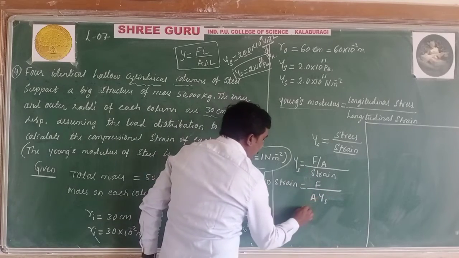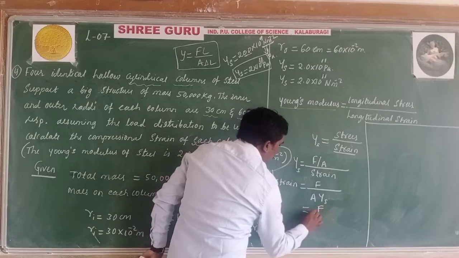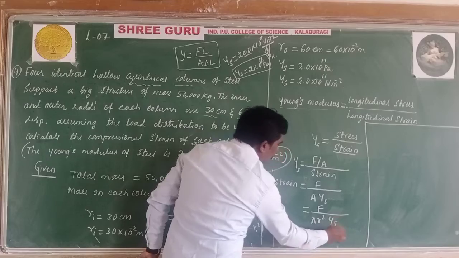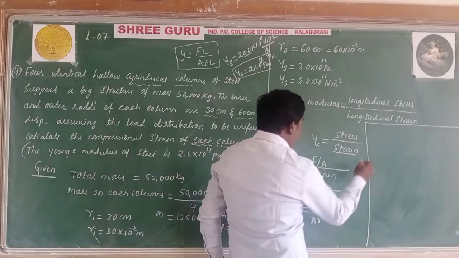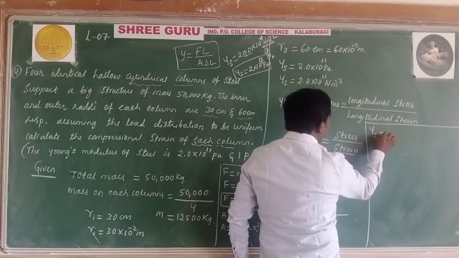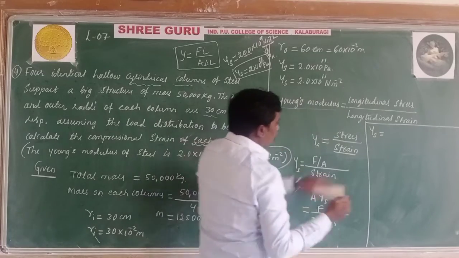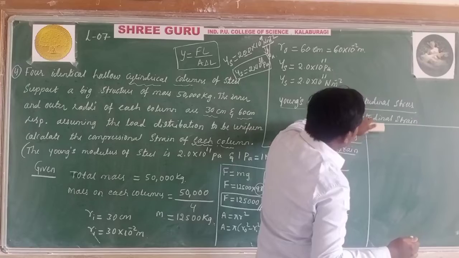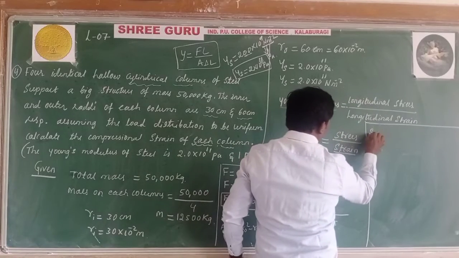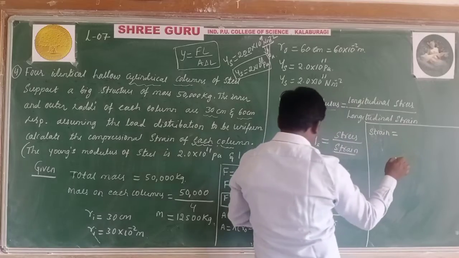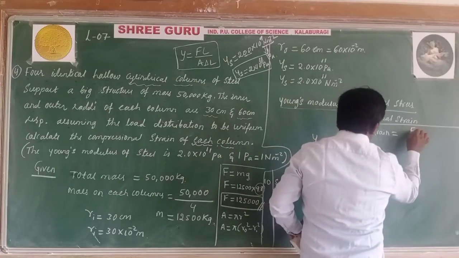Now area we can write like this: force by pi r square into Young's modulus. This area we can also write like this: strain, which is the compressional strain, is equal to force, keep as it is.